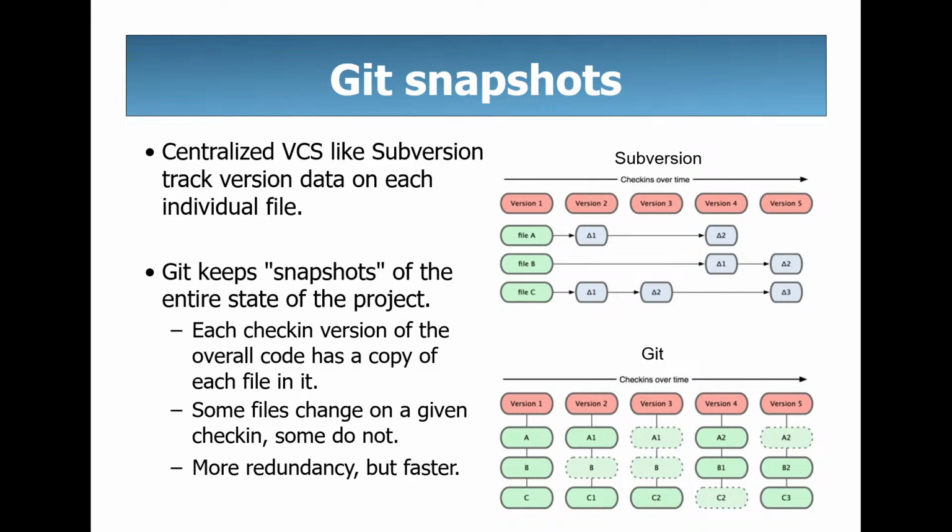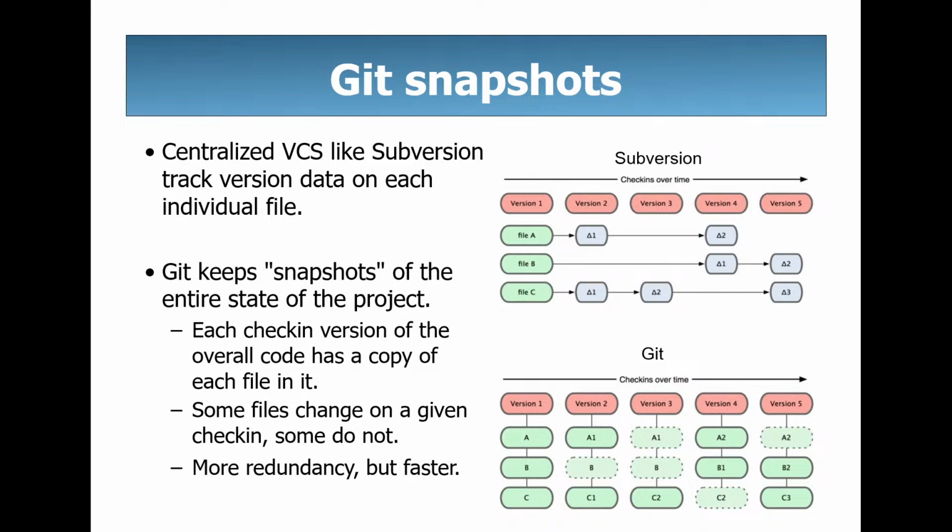Snapshot storage. Blobs: each file's contents are stored in a Git object called a blob. Blob stands for binary large object. Blobs are identified by a hash. Trees: directories are represented by Git objects called trees.